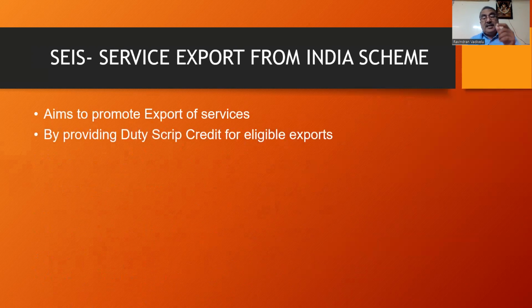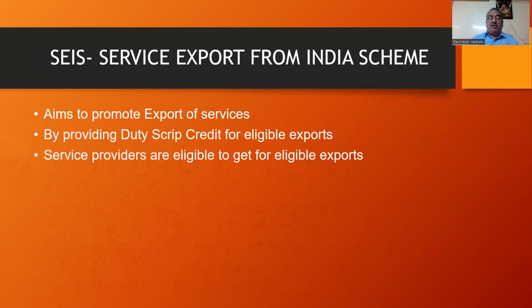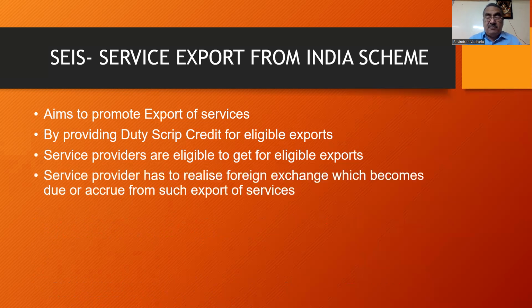They are saying eligible exports. Eligible exports are defined by the Reserve Bank of India, and all service providers doing eligible exports are eligible to get the duty credit. The duty of the service provider is to realize the foreign exchange which becomes due or accrues from such export of services. This is something you should know. The very intention of the government is that you are eligible for the duty drawback, provided you bring the foreign exchange into India.